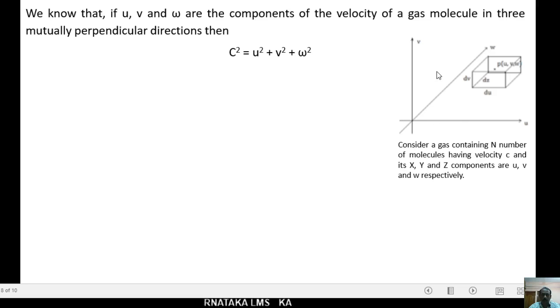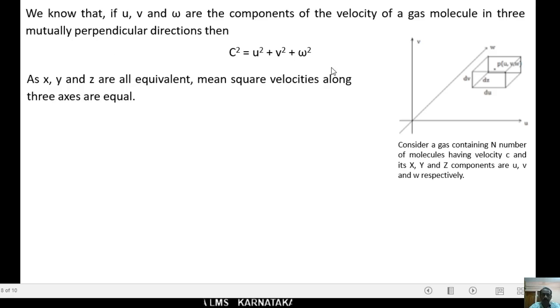As x, y and z are all equivalent, the mean square velocities along the 3 axes are equal.